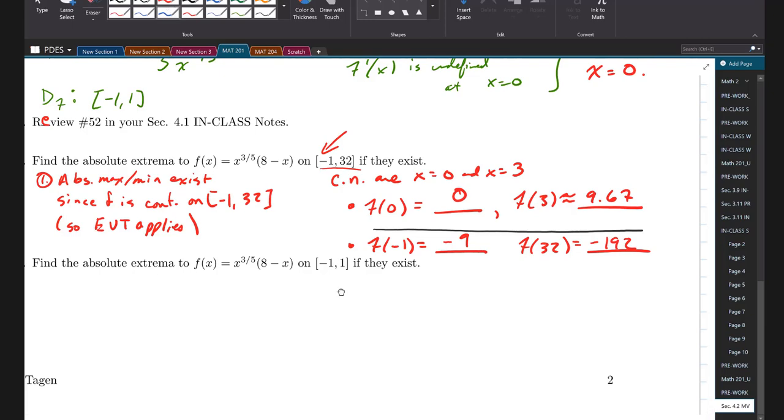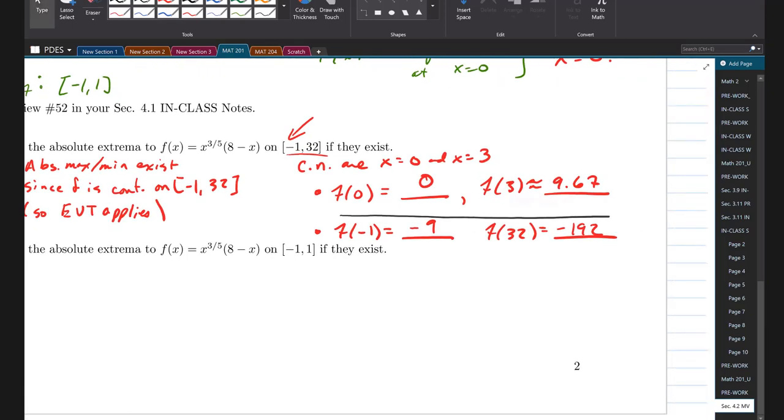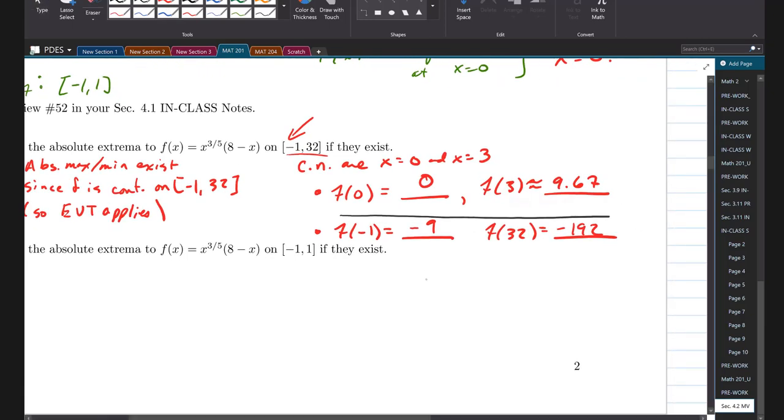So now we're ready to identify our absolute max and min. We've got x equals 3 is the location of the absolute max, and x equals 32 is the location of the absolute min.